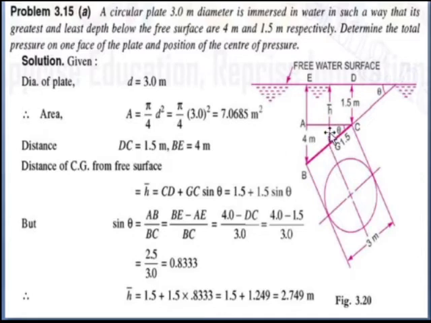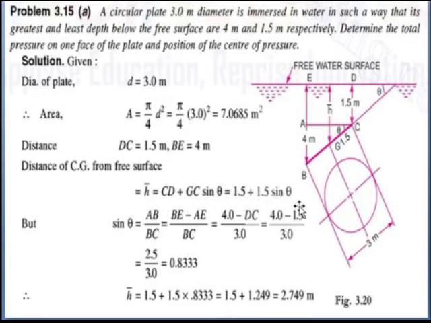So this value is calculated by GC sin theta, by considering this triangle. So h bar is equal to CD plus GC sin theta, that is 1.5 plus 1.5 sin theta.